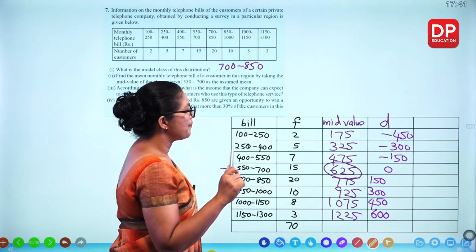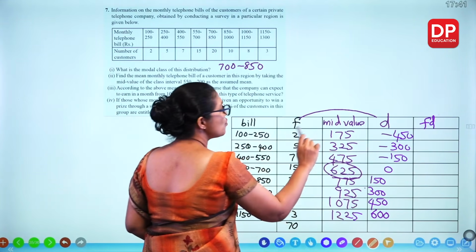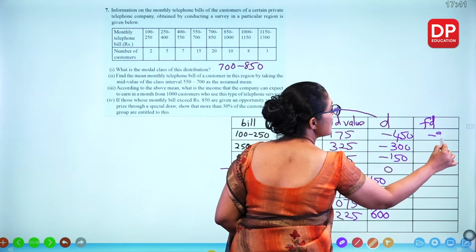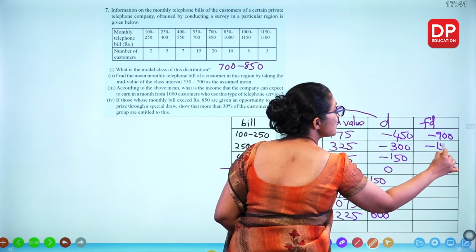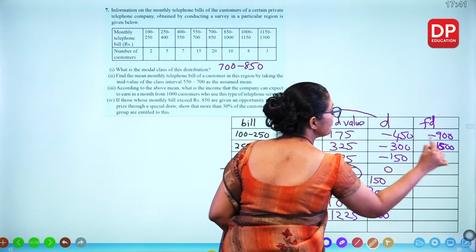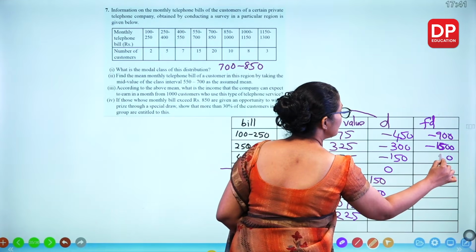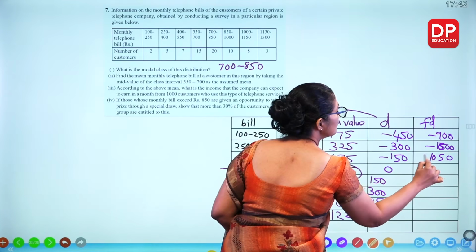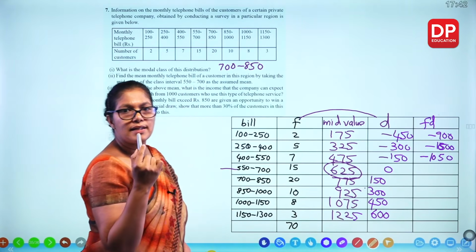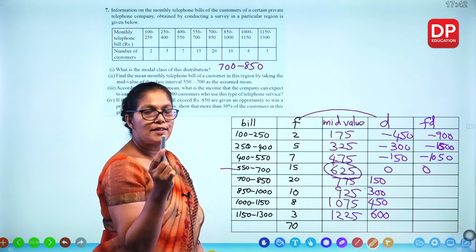Now multiply F and D. So 2 times this, you get minus 900. 300 times 5, minus 1500. 7 times this, 1050. So here you get 0. What's the other value?